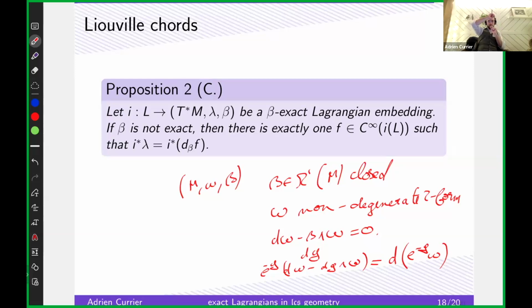And it might be linked to how many turns you make around your manifold or something. In which case, when you lift your LCS exact Lagrangian to the integral cover, the universal cover, you are going to have multiple sheets of exact Lagrangians. And so it might give you some idea on how many sheets there are. I don't know.